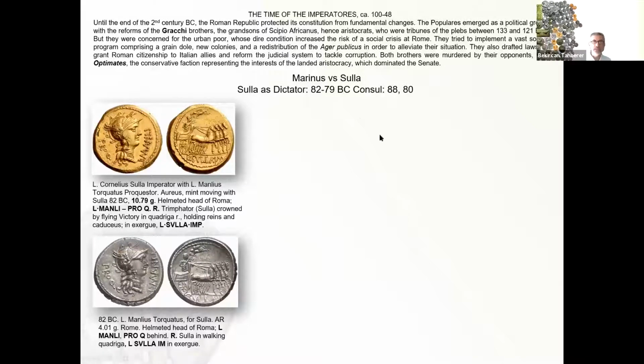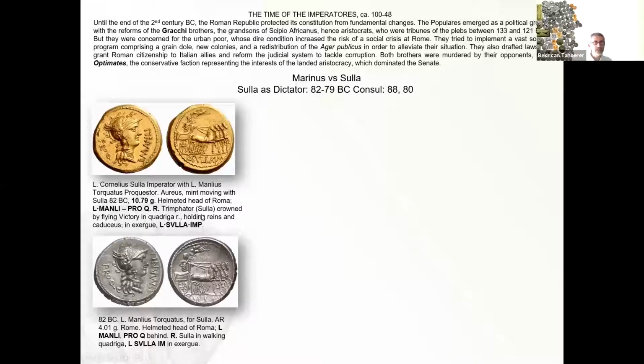For the first time, he entered the city with his army, which was unprecedented at that time, and he introduced his own coinage. Here we see a gold stater at that time. It's a heavy one, as you see, 10.79 grams, almost 11 grams. That's why I call it a stater.